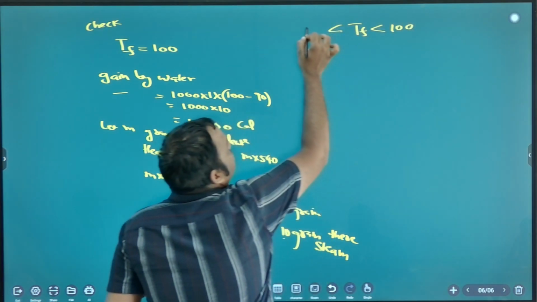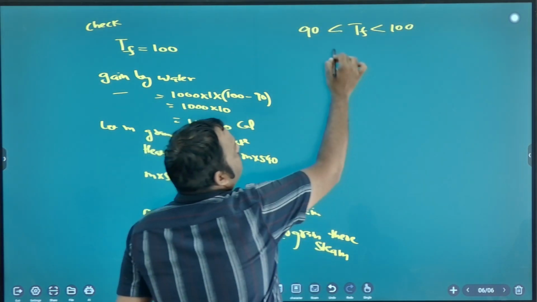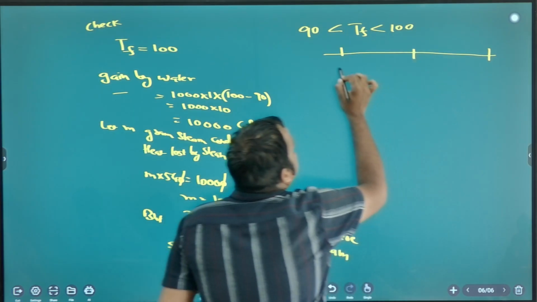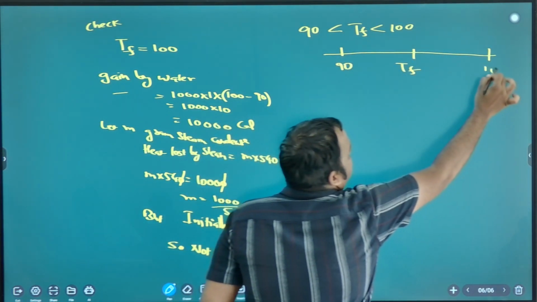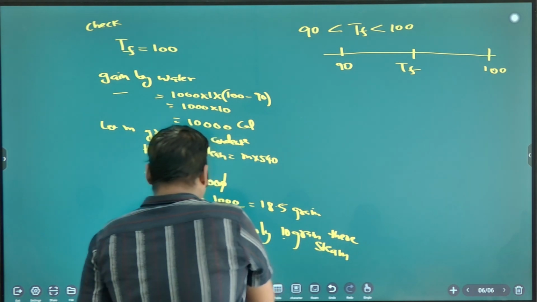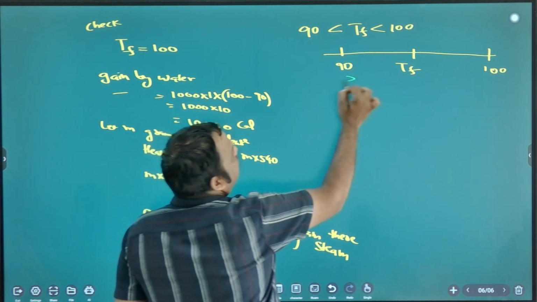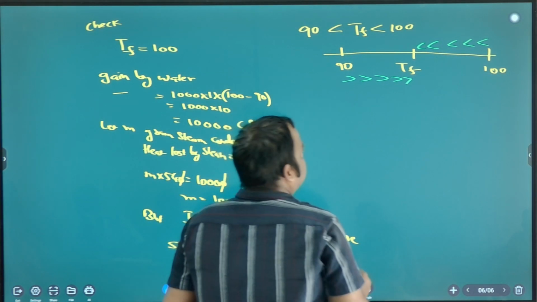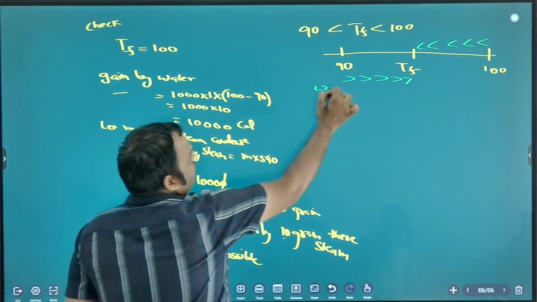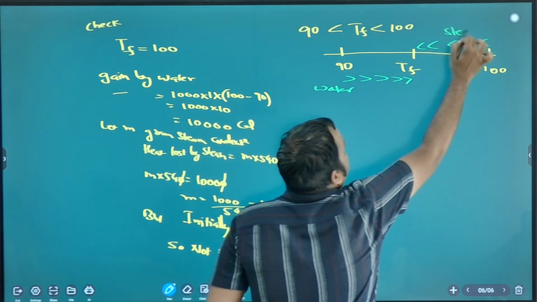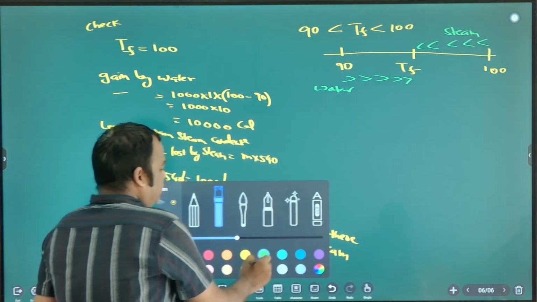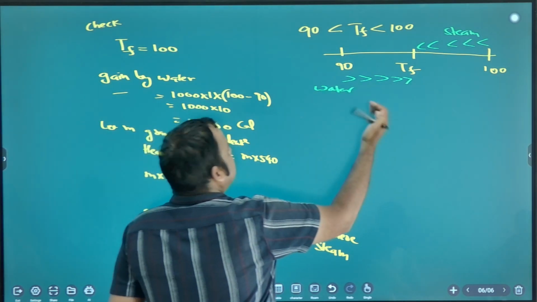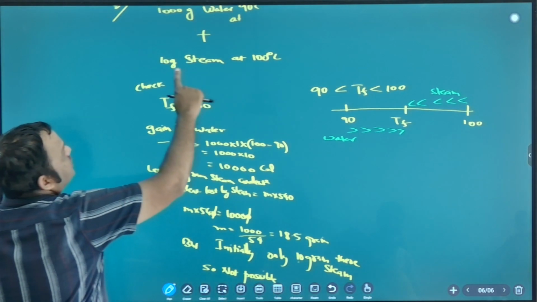Final temperature between 90 and 100. So this is 90, this is TF, this is 100. Water is going from 90 to TF. Steam is going from 100 to TF. Now tell me, what is the heat lost by steam? First, all the steam will condense. How much steam? 10 gram.